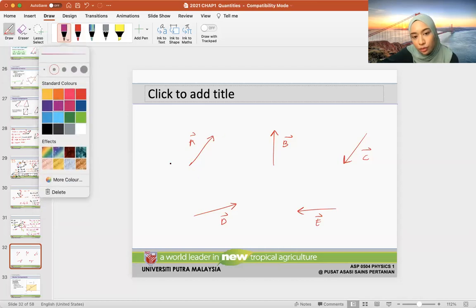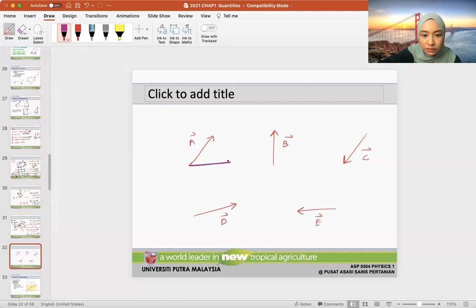Okay, so let's go on and do vector A. What are you guys expecting for vector A? Is it going to have a negative X or a positive X? Both positive. So this is AX. Sorry, tulisan buruk macam biasa. AX and AY both positive.